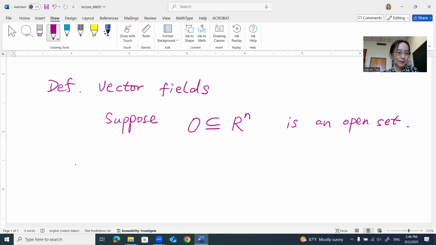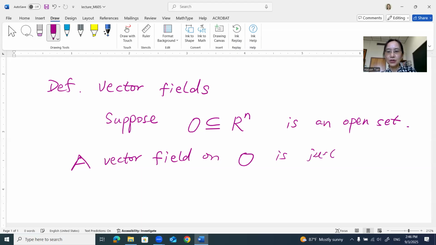So a vector field on this open set is just a function or a map.